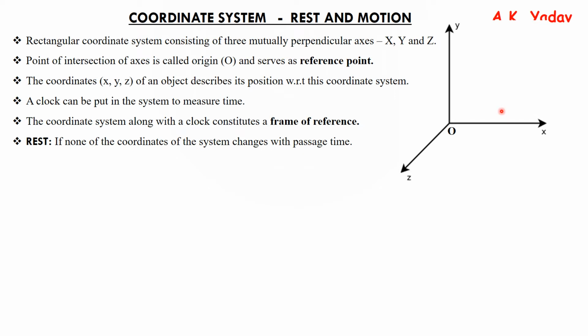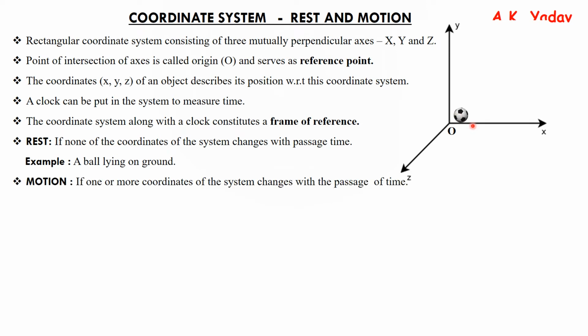Now, we will define rest with respect to the concept of frame of reference. If none of the coordinates of the system are changing with time, then we say that the object is at rest. Here in this example, the coordinates of this ball are not changing with time, so the ball is said to be at rest.